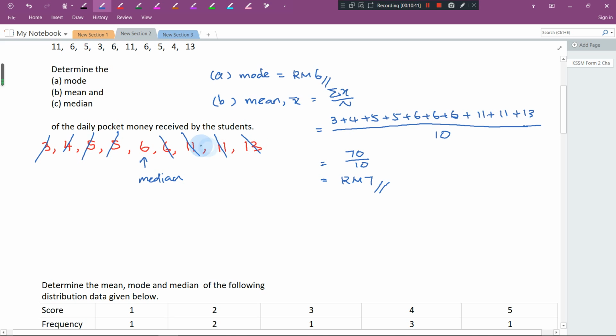Number of data 1, 2, 3, 4, 5, 6, 7, 8, 9. Let me check again. Maybe some mistake. 1, 2, 3, 4, 5, 6, 7, 8, 9. Okay, I think I missed out one data. Let me check again. I have 1 time of 3, 1 time of 4, 2 times of 5.